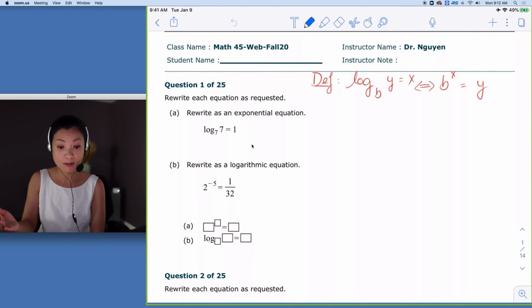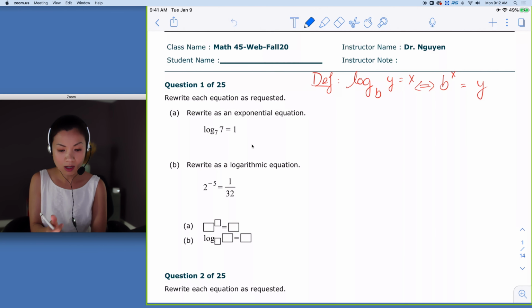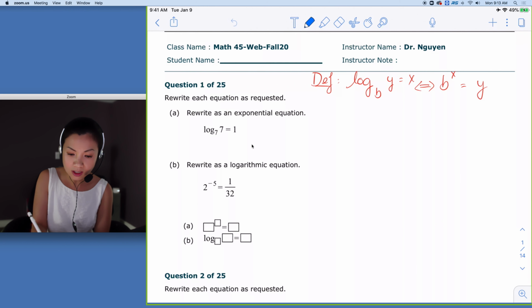Example 1, as I mentioned earlier, we need to know how to rewrite. So you see right here, what I have is in log form, so we want to rewrite it as an exponential function. I have the definition right there for you. 7 is the base, so I'm going to write the base first, and then the exponent is 1 equals 7.